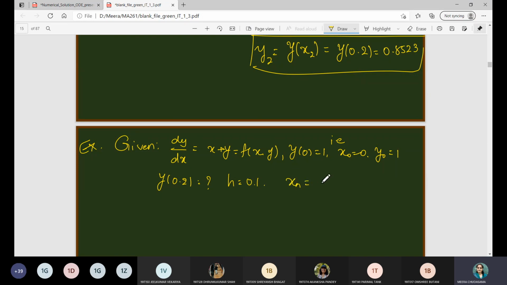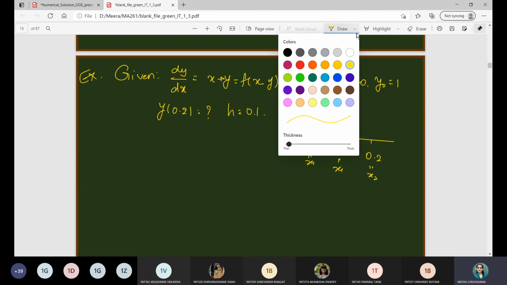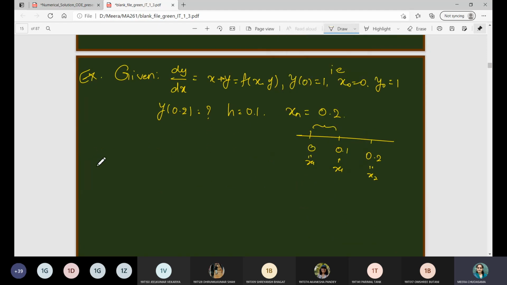So xn will be 0.2. Here this is your x0, with step size 0.1 this one will be your x1 and 0.2 will be your x2, right? So n is equal to 0 we have to consider, and then n is equal to 1 in the second iteration. So let us start with the first iteration.